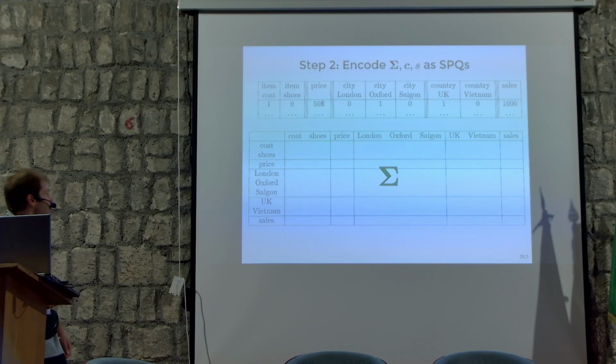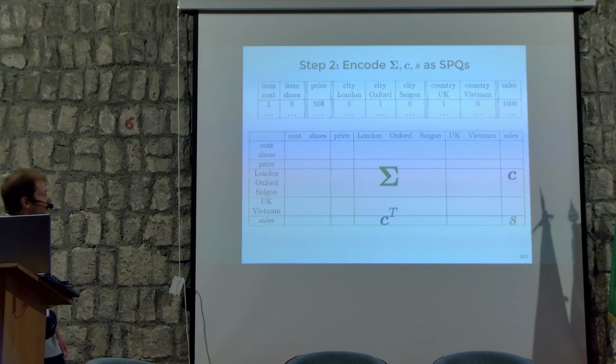The matrix sigma is this part of this big matrix, the part that I'm highlighting here. And the vector c is this vector, which is also identical to this vector. So this is the semantic meaning of the matrix sigma and the vector c that we want to compute.